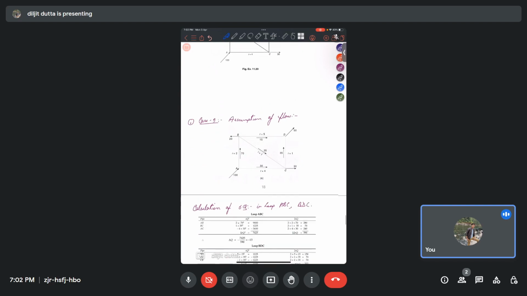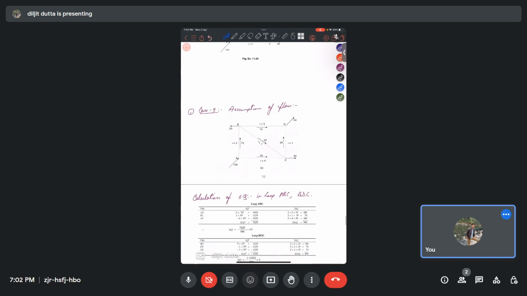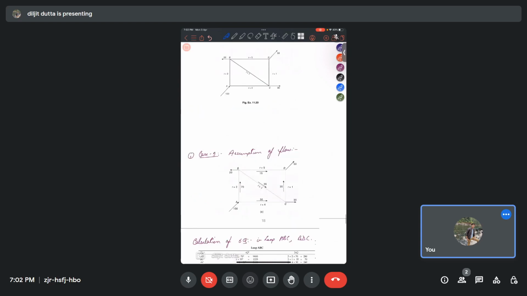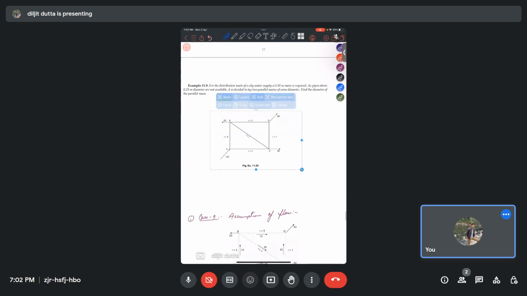Now we solve a second question based on pipe networks. For a distribution main of a city water supply, a 0.3 meter main is required.